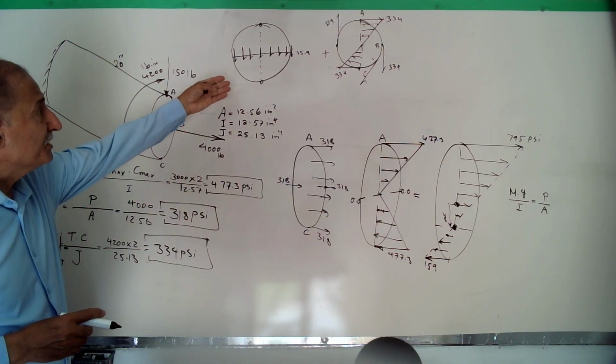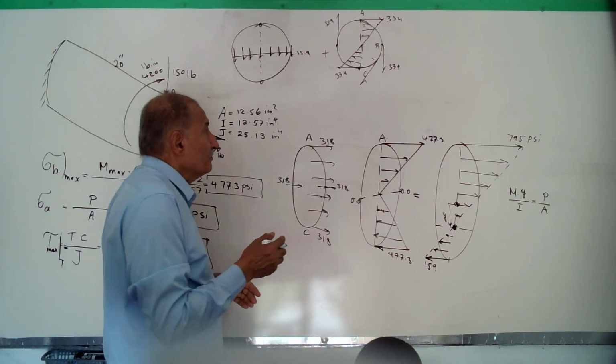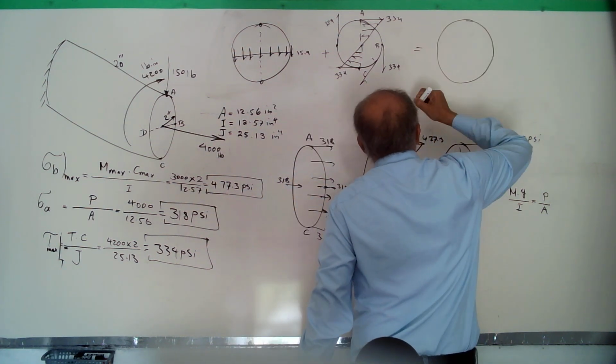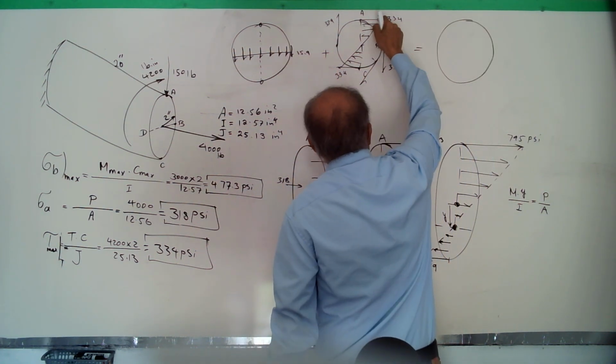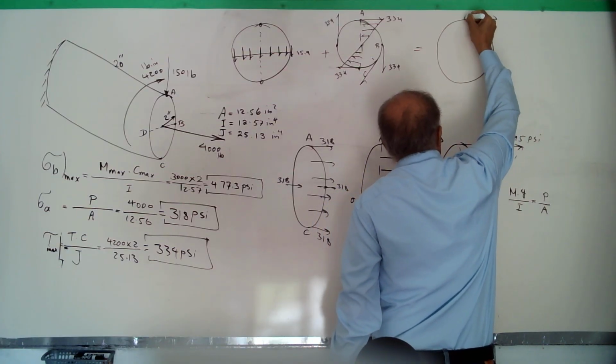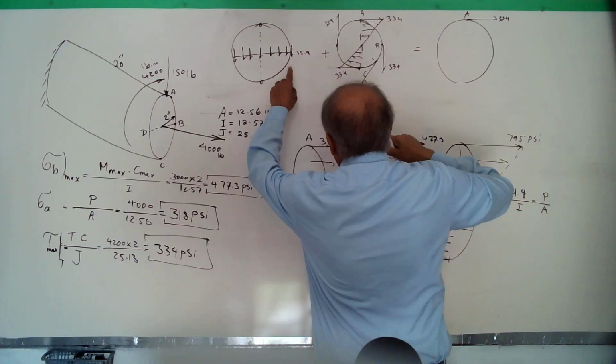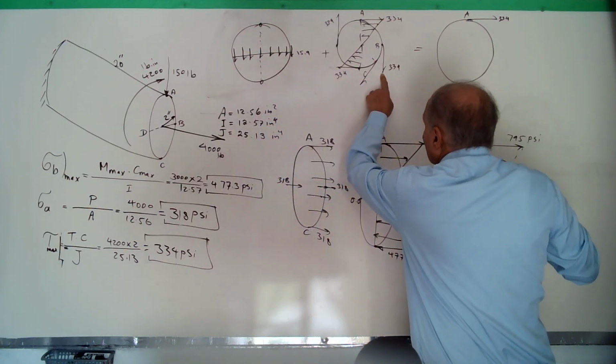Okay, when we added them together, see what we have. At the cross section, here is 0, here is 34. At A, we have 334. Here is 50.9 plus 334.